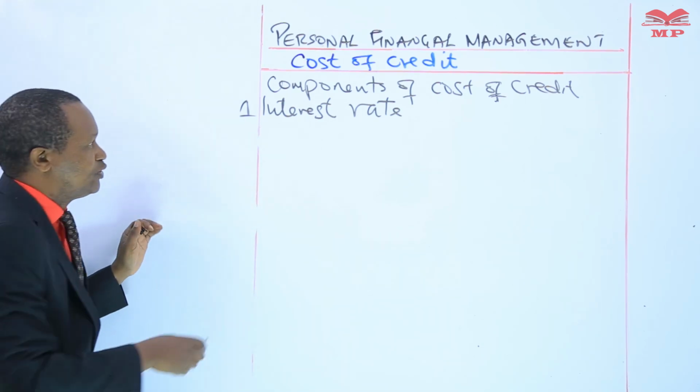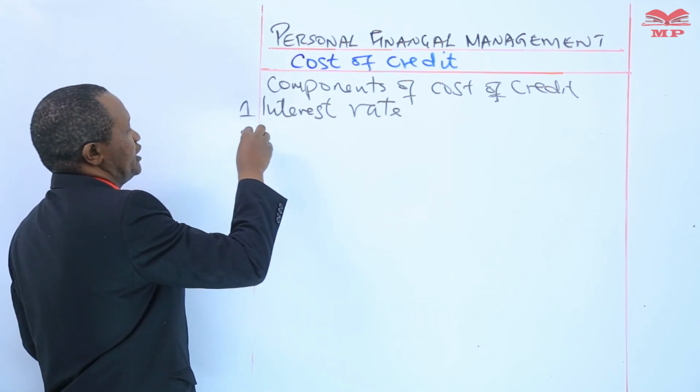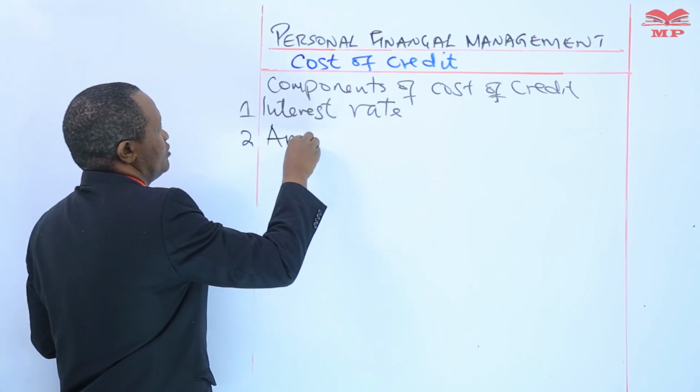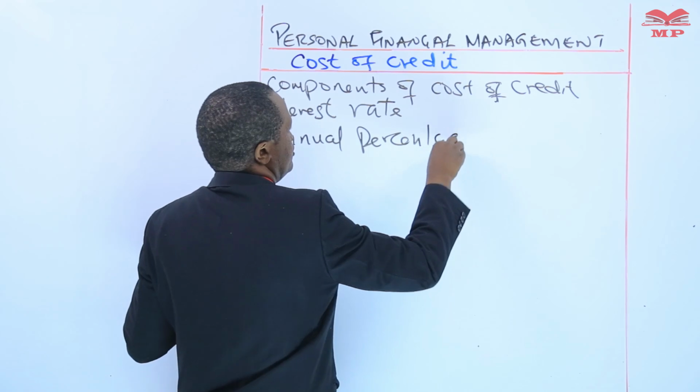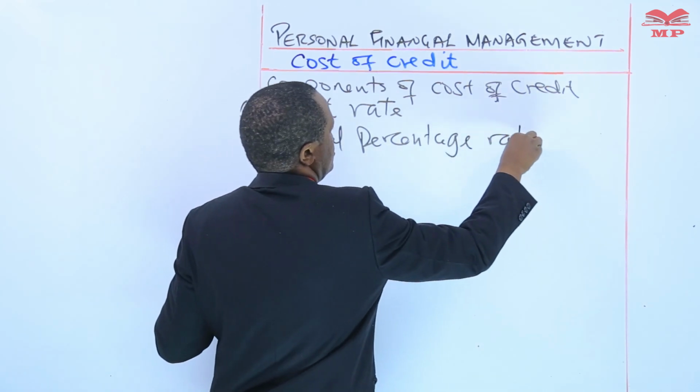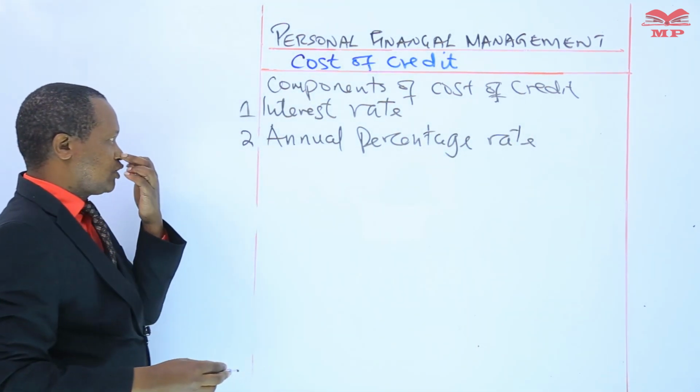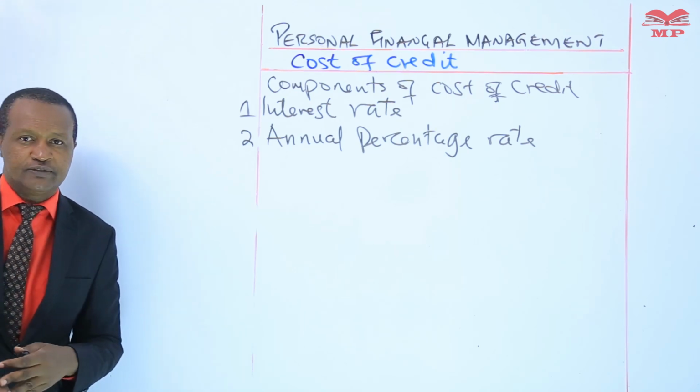Then there is the annual percentage rate. Annual percentage rate is yet another component of cost of credit.